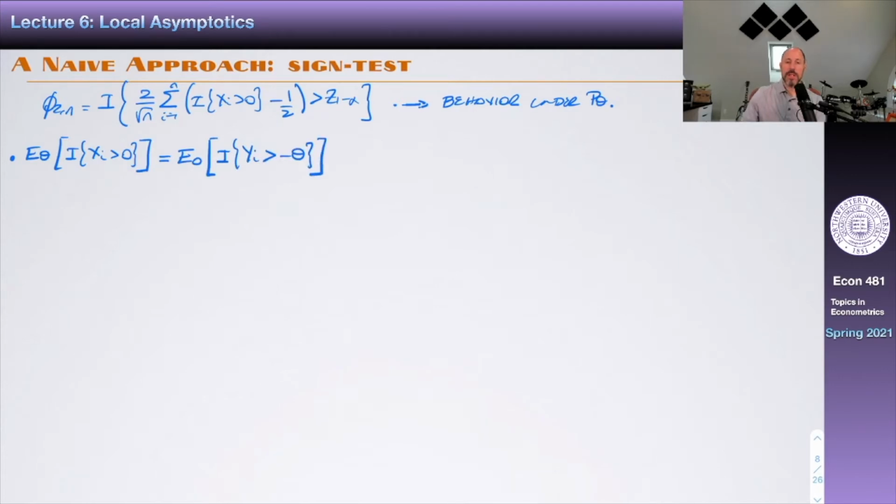Right? Because I just subtracted theta from both sides. And then I said y is equal to x minus theta. Remember, I'm going to write this mapping here. It's right here.